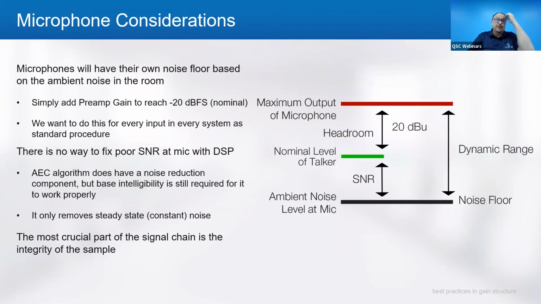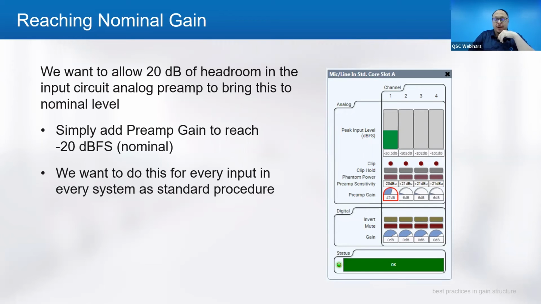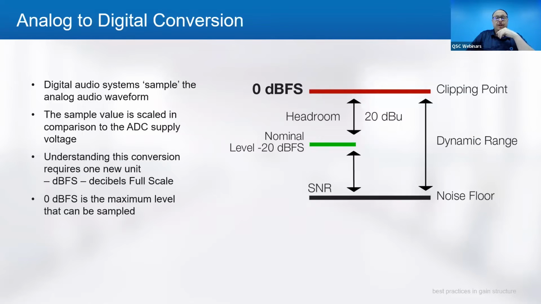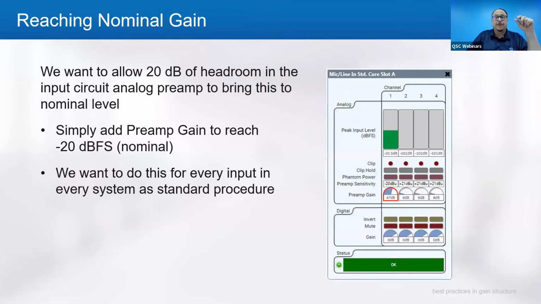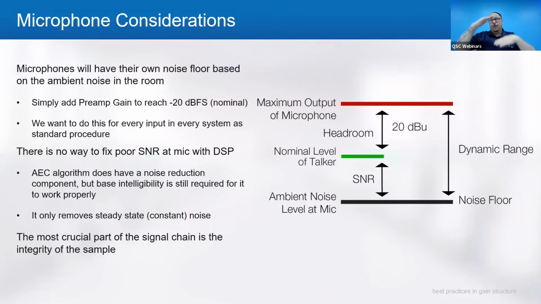Microphones are a little different situation, right? Because they have their own noise floor. When we go back a couple of slides, our noise floor might be the output without plugging a microphone in, which has whatever the circuitry's noise is. But when we bring a microphone into the mixture, that noise floor varies. It's a piece of equipment with its own noise, but microphones also inherently grab noise from around the room.